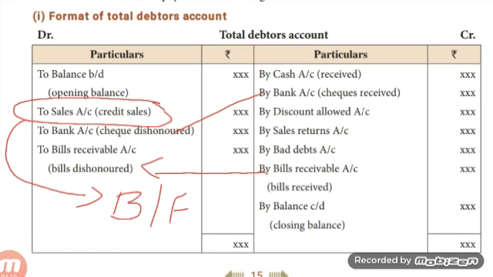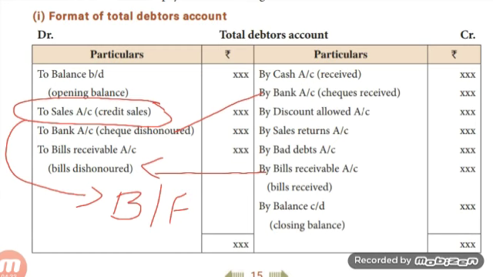Then, bills receivable account. If any bills are received from the debtors, enter as by bills receivable account. Next, closing balance. Children, note the point. When we receive bills from the debtors, enter that on the credit side as by bills receivable account.